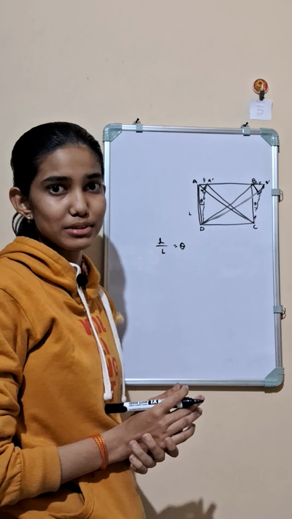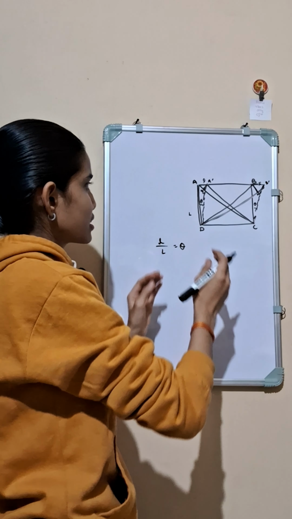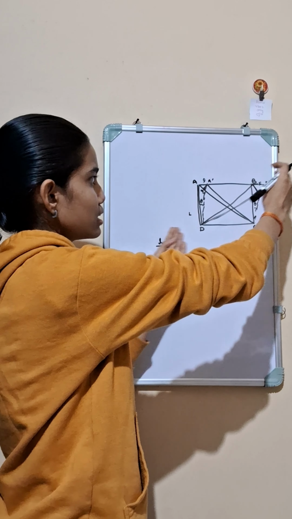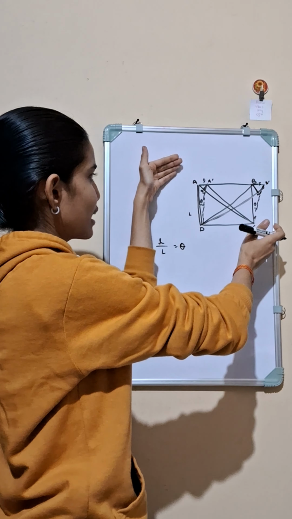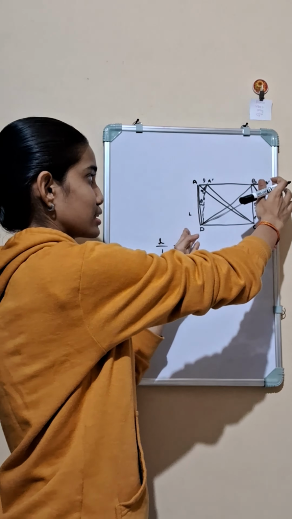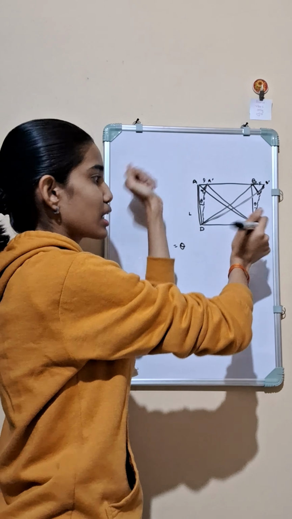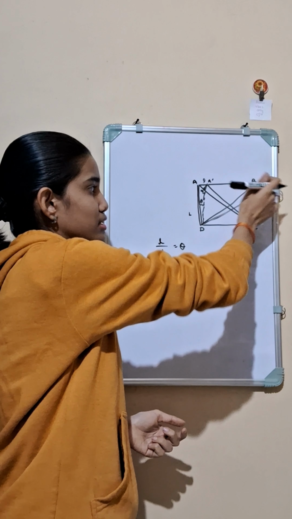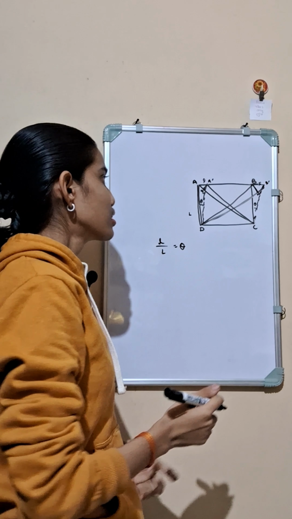Now I hope everything is clear. So the length of the BD diagonal increased and that of the AC diagonal decreased. It is tensile strain here and compressive here. Obviously you can see there is a decrease here and an increase here.